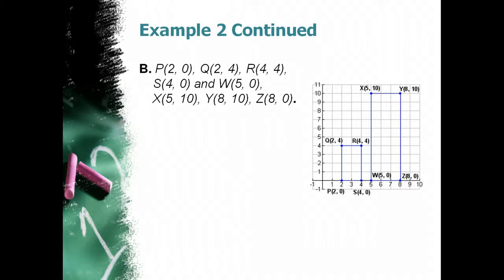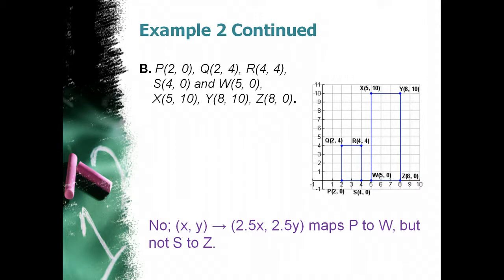We have P at (2, 0), Q at (2, 4), R at (4, 4), and S at (4, 0). Then we have W at (5, 0), X at (5, 10), Y at (8, 10), and Z at (8, 0).